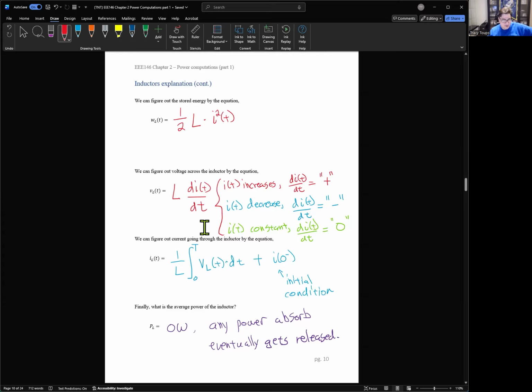So I obviously means current. What d over dt means is the rate of change. All you need to know, all this means is if current increases, how fast it increases is going to be a positive number. So if the current is slowly increasing, maybe like 1 amp, 2 amp, 3 amp, 4 amps, the rate of change is going to be a very small number.